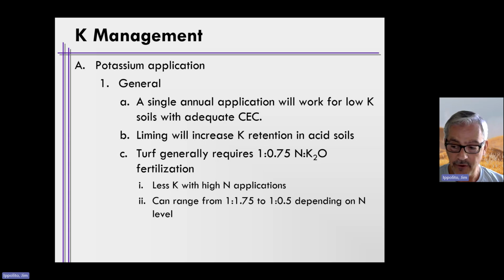When we lime soils, we know, and you learned this already, that we lime soils to raise pH, but we also lime soils so we can kick the acid-generating ions, iron, aluminum, and hydrogen from exchange sites. And when we do that, we increase the availability of potassium in terms of retention on exchange sites.